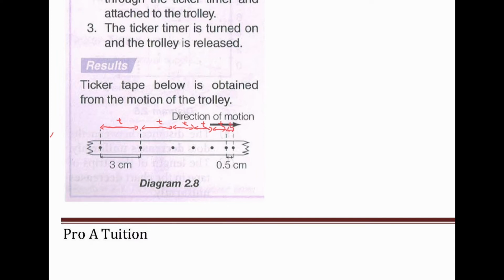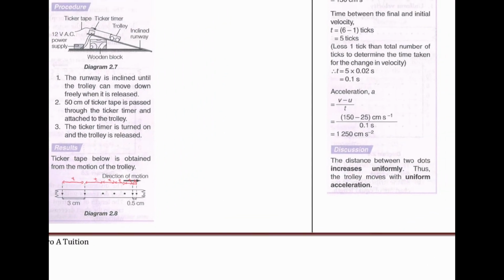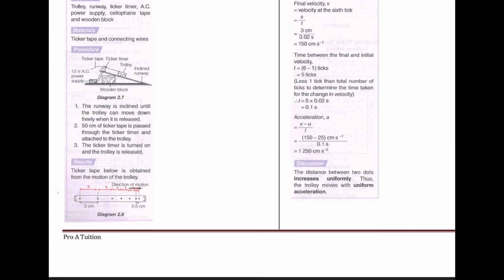We may easily misunderstand that if there are six ticks, we take 6 times 0.02 as the time, but it is not. If you see what they do here, the time is 6 minus 1 ticks. We just take 5 ticks, not 6. Less 1 tick than the total number of ticks to determine the time taken for the change in velocity.